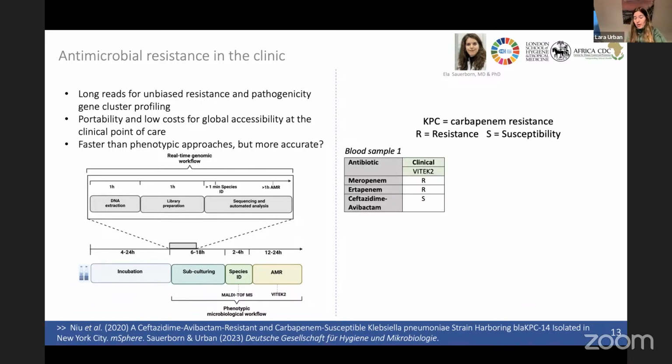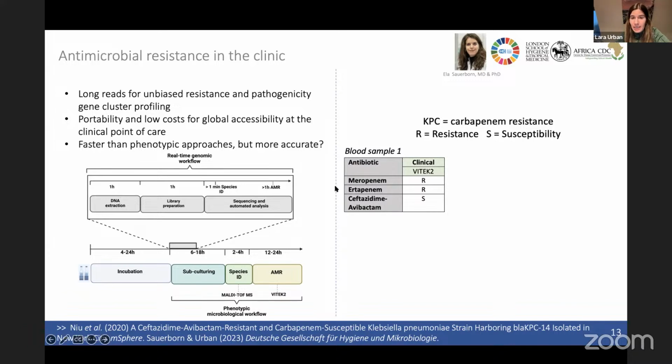And I'm very excited to now present one specific patient case to you. So this patient presented to Ella with a bloodstream infection and with fever, and a blood sample was taken, and the infection, with this experimental approach, showed to be resistant to carbapenems, as a follow-up approach showed, because of a so-called KPC resistance gene that is conferring resistance to carbapenems, but was predicted to be susceptible to the last resort antibiotic ceftazidime avibactam.